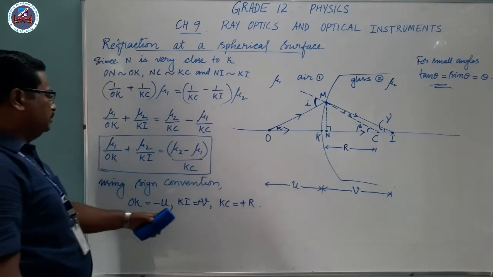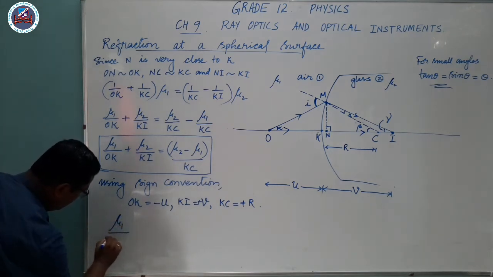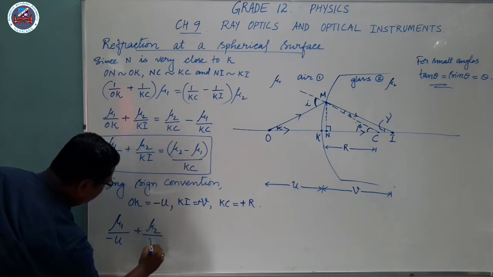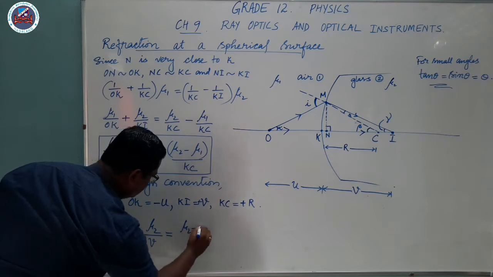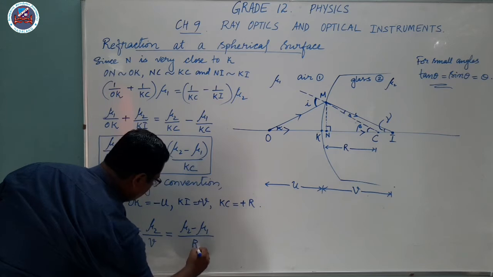If you use the values here, you will get mu1 divided by minus u plus mu2 divided by v is equal to mu2 minus mu1 divided by radius of curvature plus r.